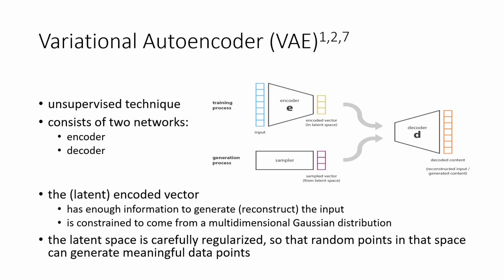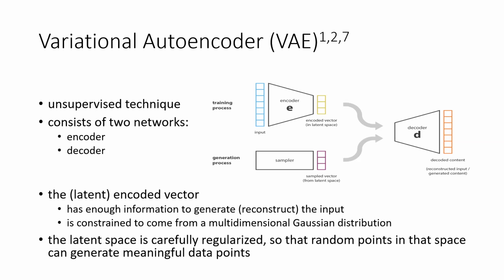After it has been trained, it learns to create another vector, which is an instance of the family that the variational autoencoder has been trained to produce. While training, it learns a latent encoded vector, which is the random input that we give when we use it to generate some data.